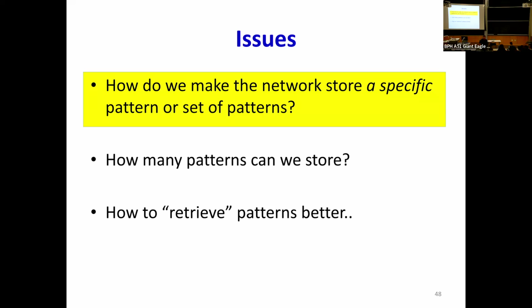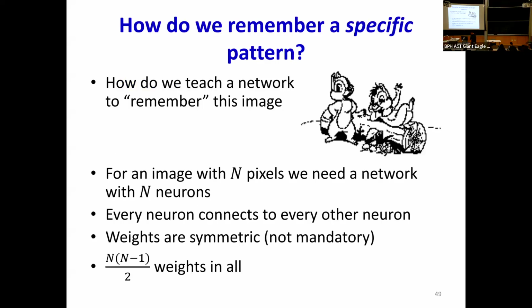In order to store any specific pattern, the weights must be such that the pattern has a local minimum in energy at that arrangement of weights, right? So, for example, if I want to teach the network to remember this image, then each pixel over here has a value of +1 or -1, or 1 or 0, depending on how you set it, right?